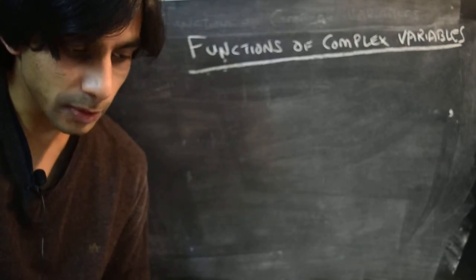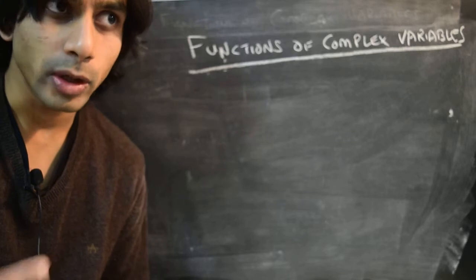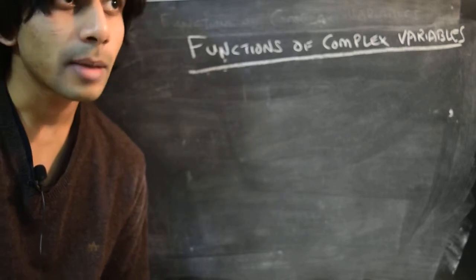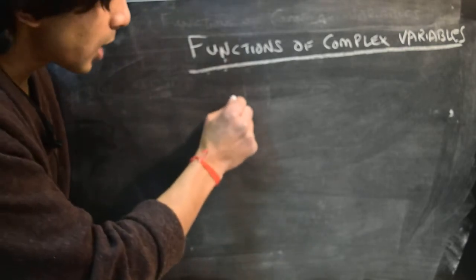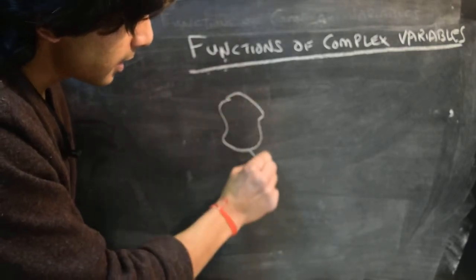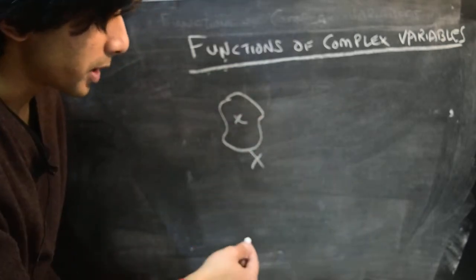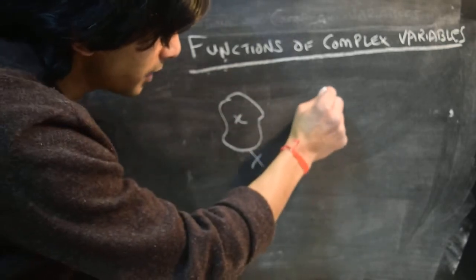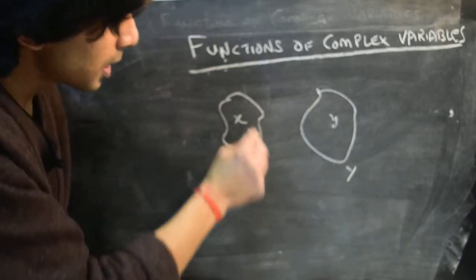So before we start talking about functions of complex variables, let's just review the basic idea behind what a function or a mapping is between, let's say, two arbitrary sets of objects. So let's say we're given two arbitrary sets, a set X, which contains elements that we denote by small x, and then we have some other set Y with object small y.